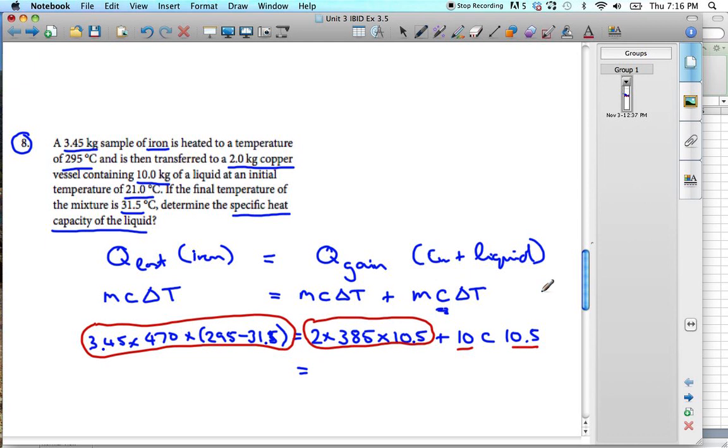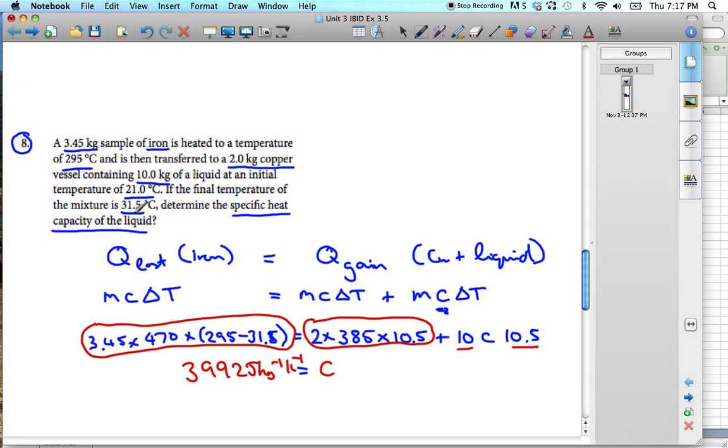Then I'm going to divide that by 10 times 10.5, and we get a value for my c of 3,992 joules per kilogram per Kelvin.